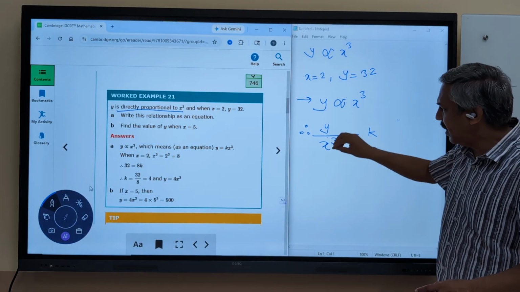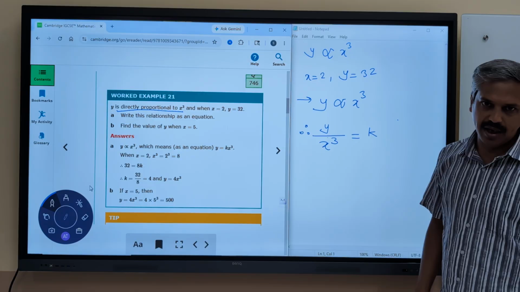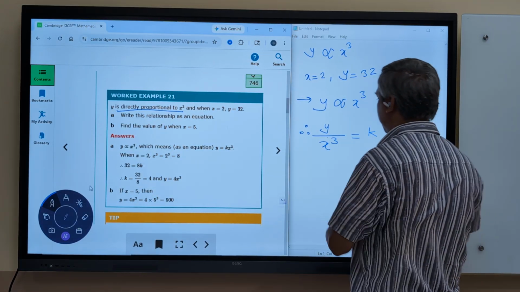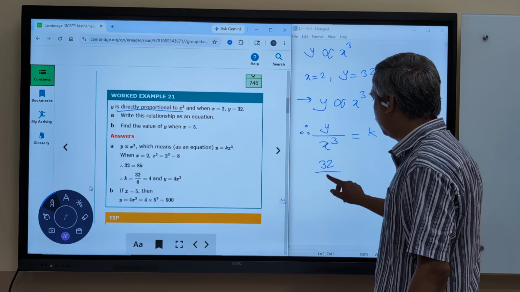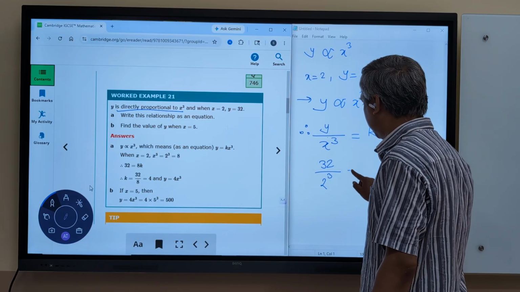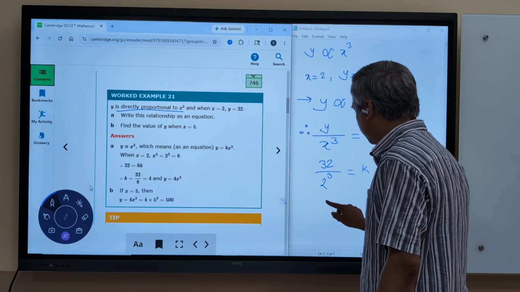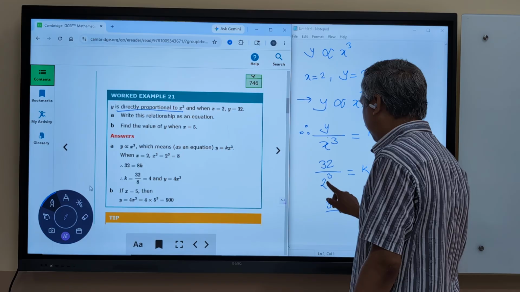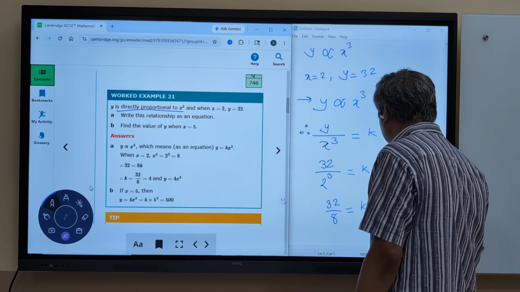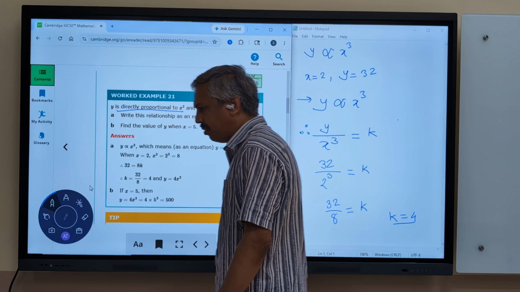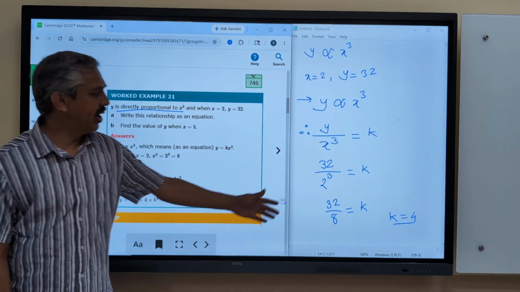So y upon x cubed is equal to constant k. The value of y is 32 upon x cubed, which is 2 cubed, is equal to k. So 32 upon 8 is equal to k. So k is equal to 4. So you get this value.